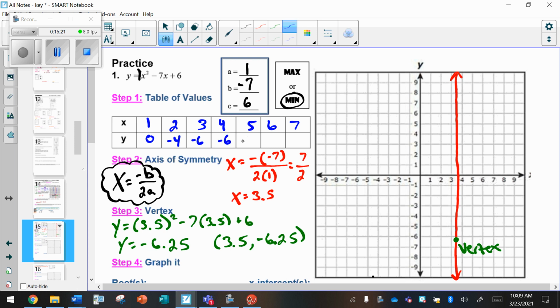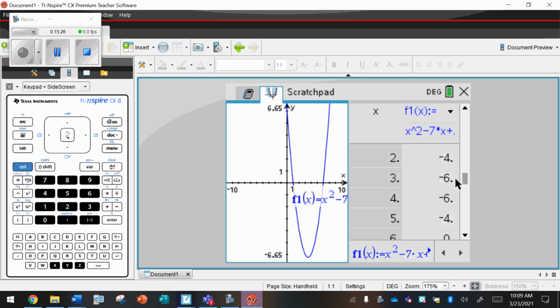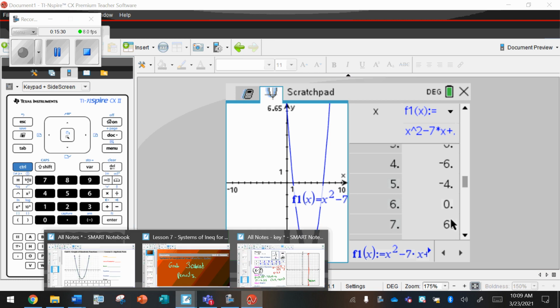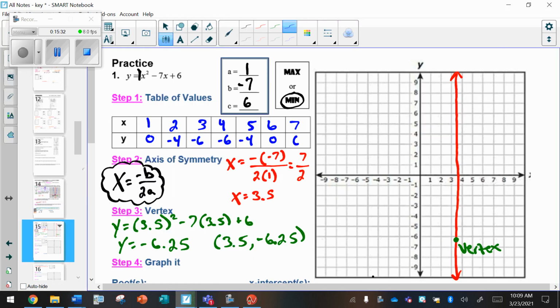Notice that they start repeating. So 5 is -4. 6 is 0. And 7 is +6. That means that if I have x of 0, it would also be +6. That just gives me another point to help me with a nice accurate picture.